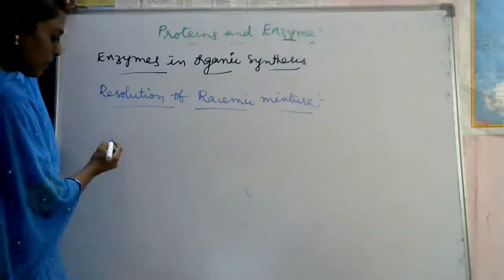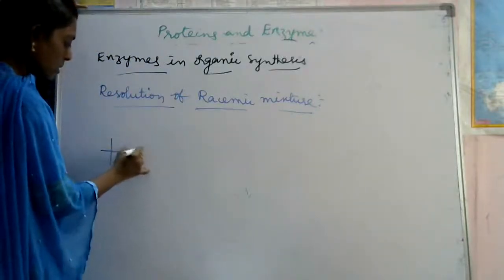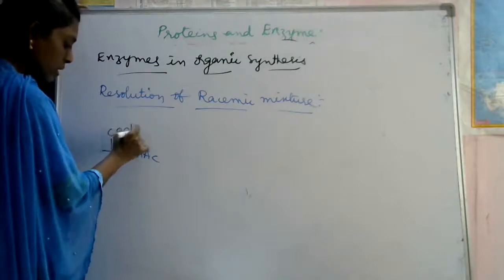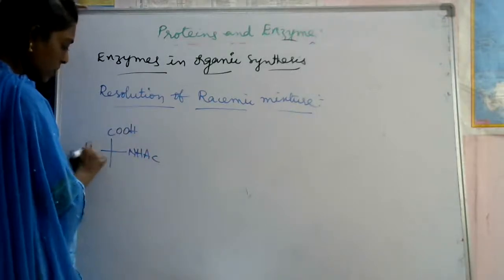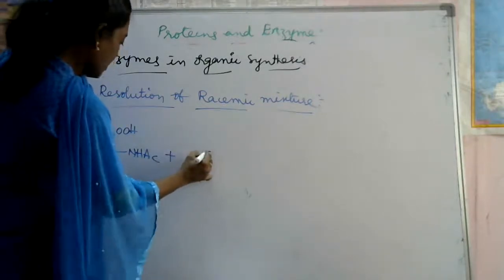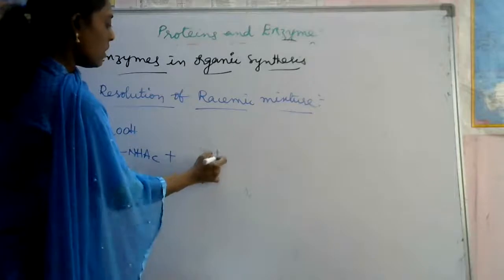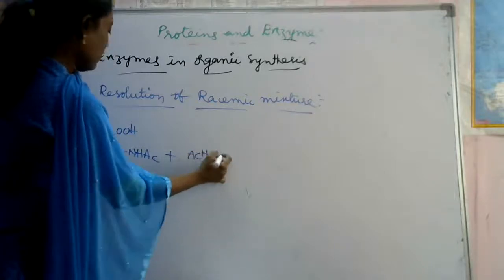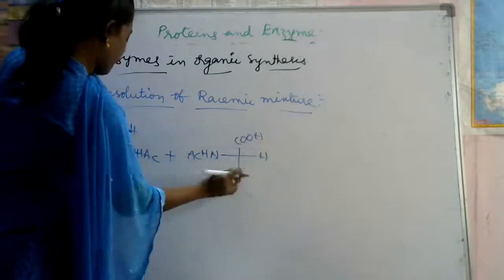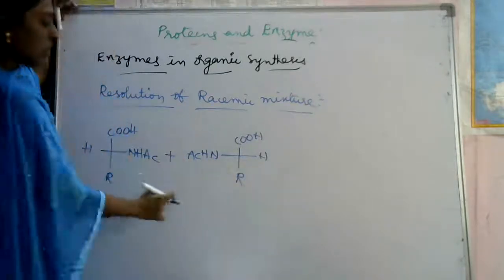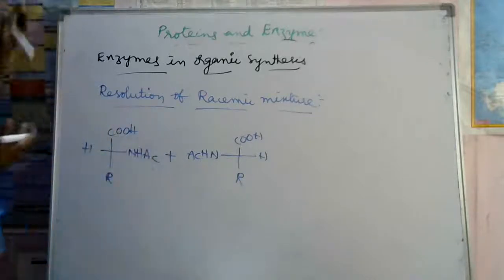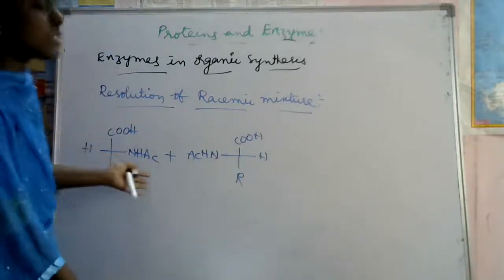Suppose here H will be there, and here NHAc. These are mirror images, enantiomers, which means this is the racemic mixture.